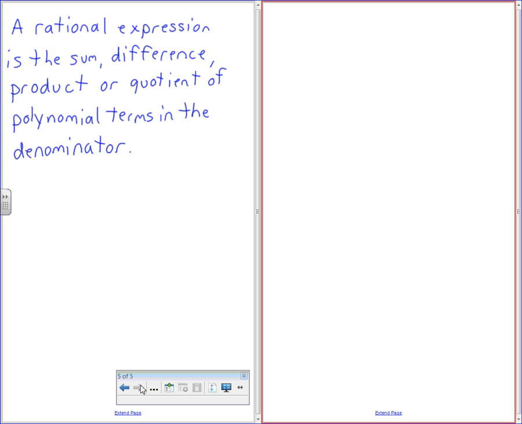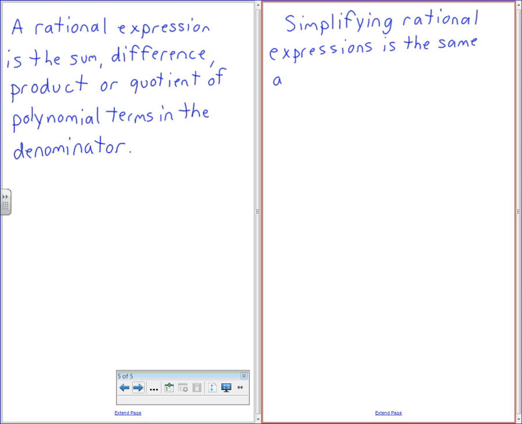So we're going to say here, simplifying rational expressions, which is what we're going to do today, is the same as simplifying fractions, in brackets, lowest terms.